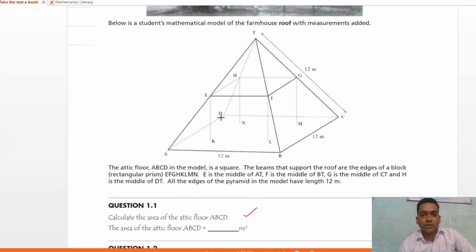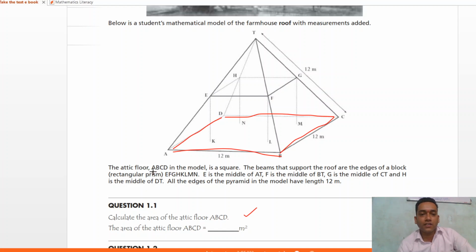They are asking us to find the area of the floor. We know this floor is a square. Because we are looking at a 3D figure, it looks like a parallelogram, but from the top it will look like a square.